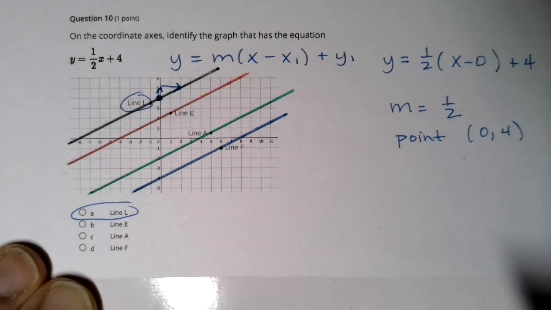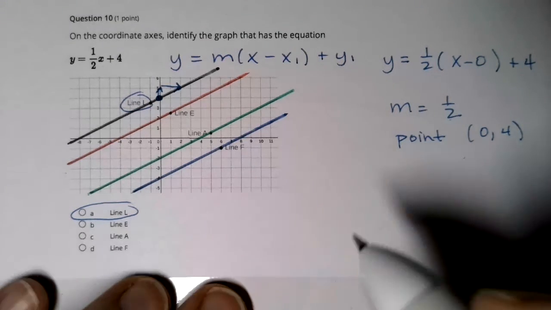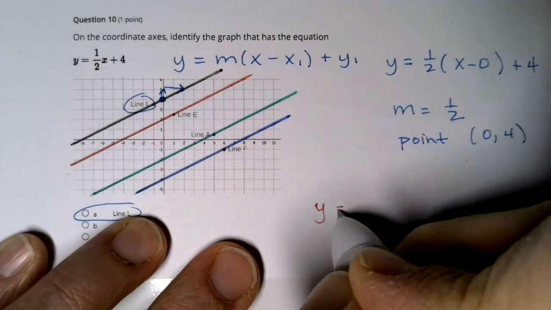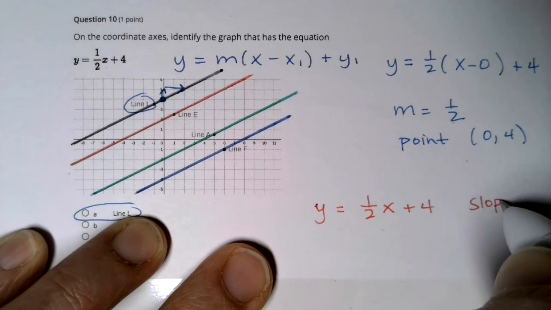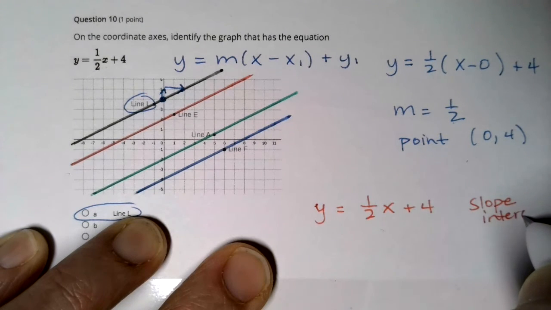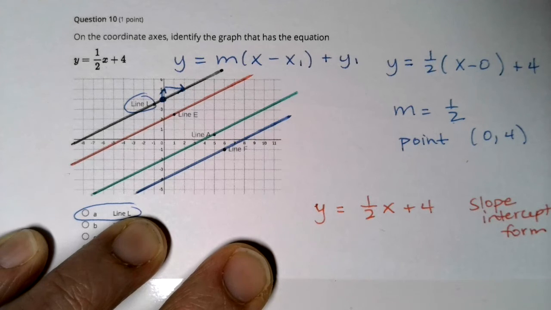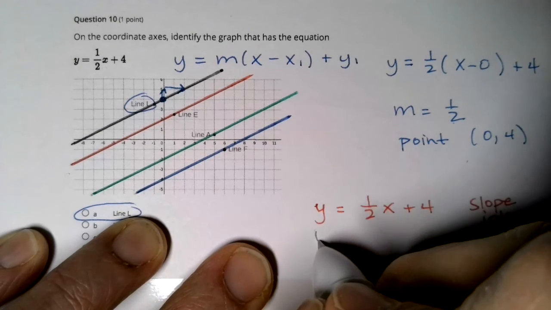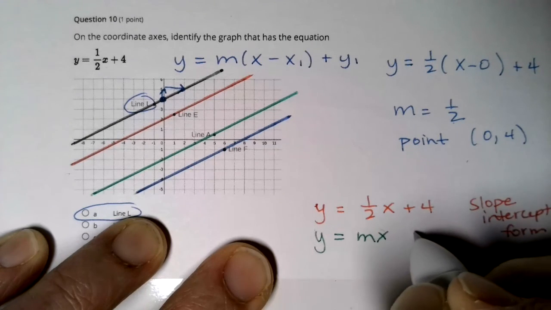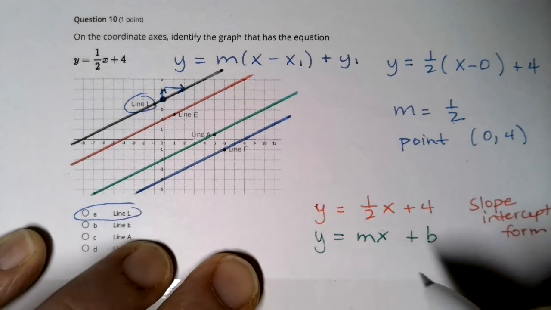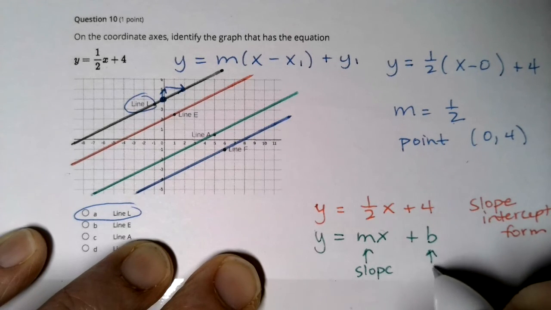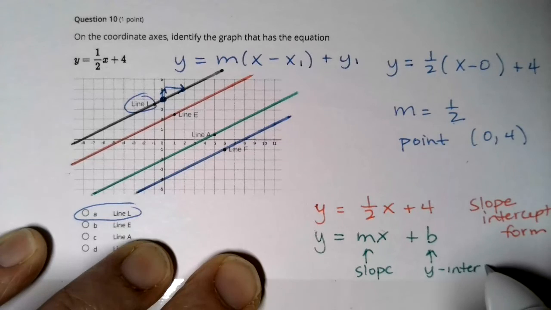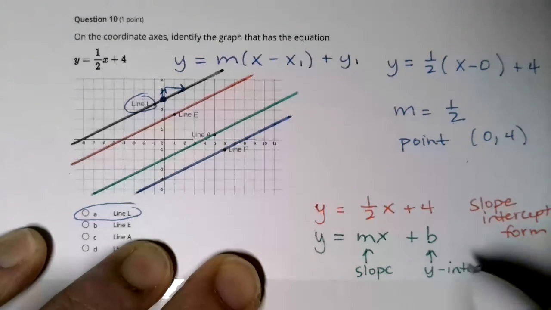Another way you can think of this, and we talked about this a little bit, would be to think of the given equation, which was y equals 1/2 x plus 4, in slope-intercept form, which is y equals mx plus b, where m is the slope and the b is the y-intercept, which is where the line will cross the y-axis.